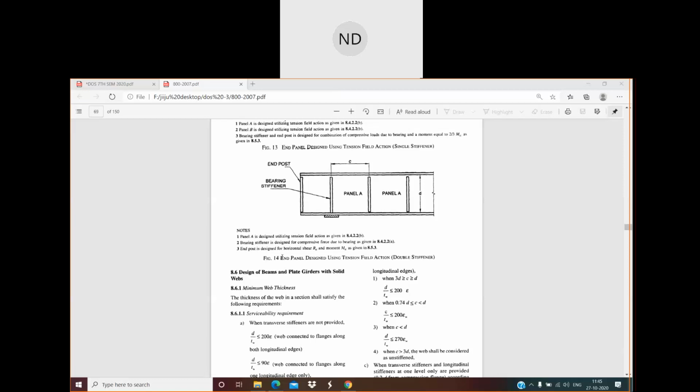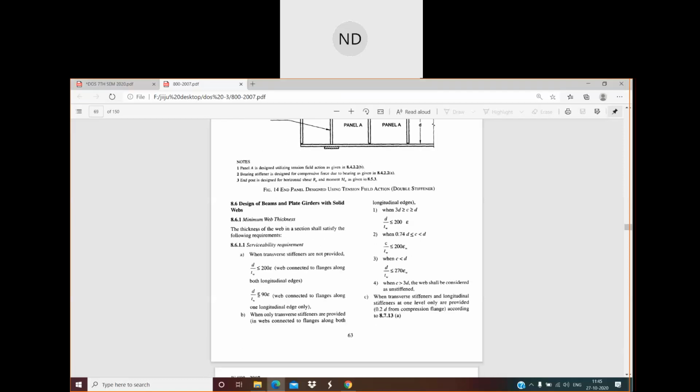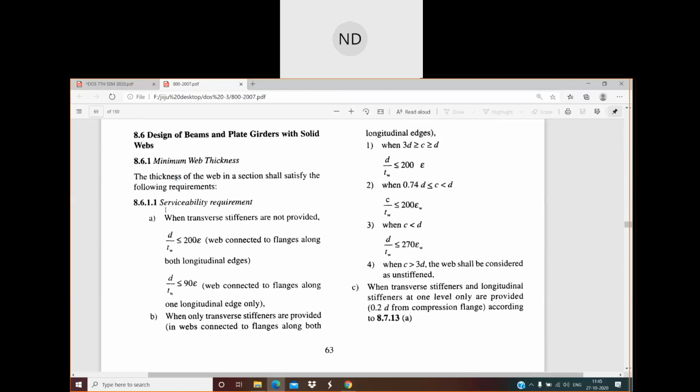If we go to page number 63, you see clause number 8.6.1.1 here, and this clause 8.6.1a. When transverse stiffeners are not provided, and in our question we have not provided transverse stiffeners, D by TW should be less than or equal to 200 epsilon.